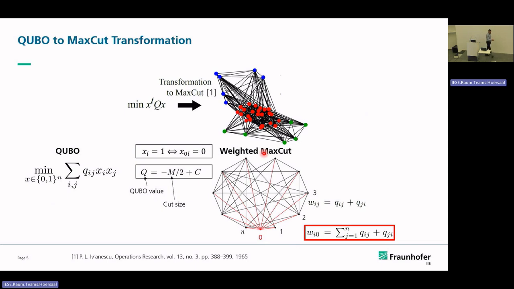So if you have a QUBO solution that has a value of q, then the corresponding max cut will have minus m over 2 plus some constants, where m is the cut size, okay? The whole point here is that there's a linear transformation from QUBO to max cut if you pay the price of adding one additional node in the max cut graph. That's the whole point here.